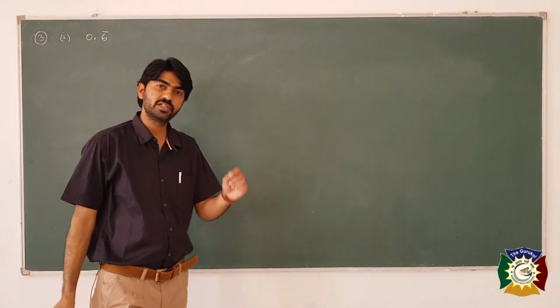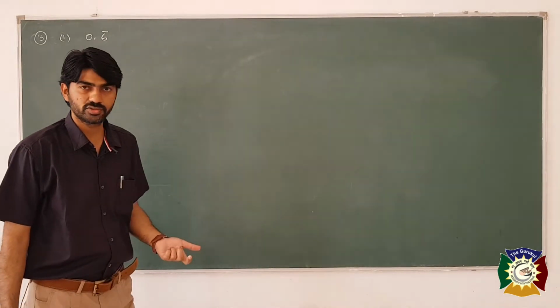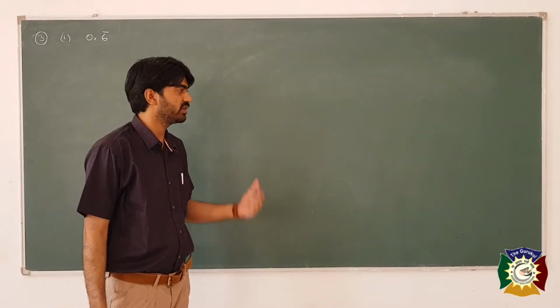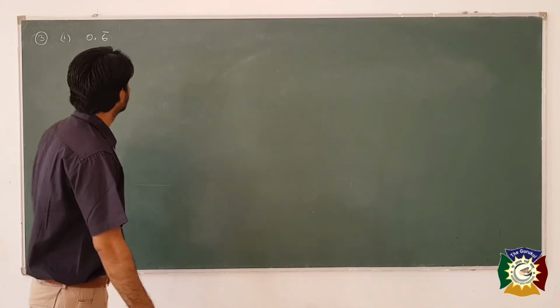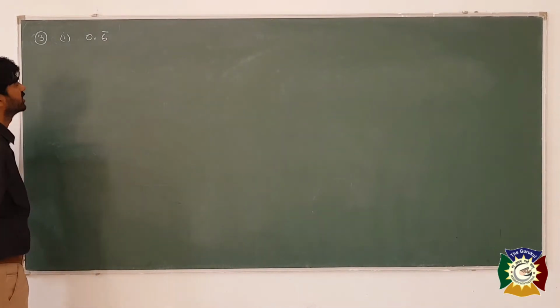We have to convert it in the form P by Q. Since it is a rational number, it can be written in the form P by Q. Now we have to find the form of P by Q in which this number can be written.